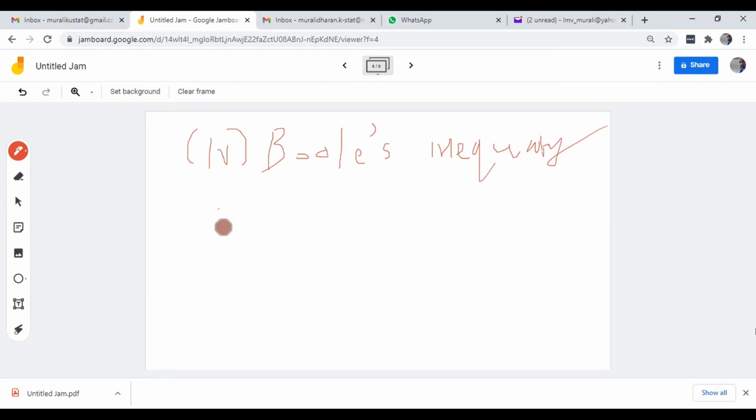Suppose A1, A2, etc., Ak are some events defined on the sample space.